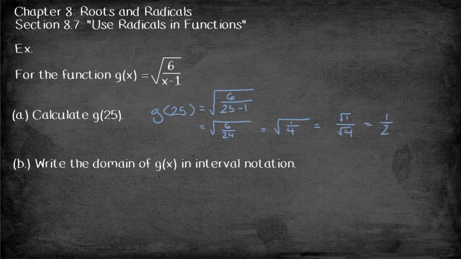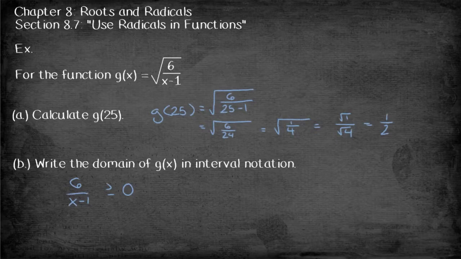I want to write the domain of this function in interval notation. So there are a number of things to watch out for here. First of all, I need the radicand to be non-negative, right? So in other words, I need 6 over x minus 1 to be greater than or equal to 0. But honestly, since 6 is fixed, it's never going to influence the sign of this radicand.